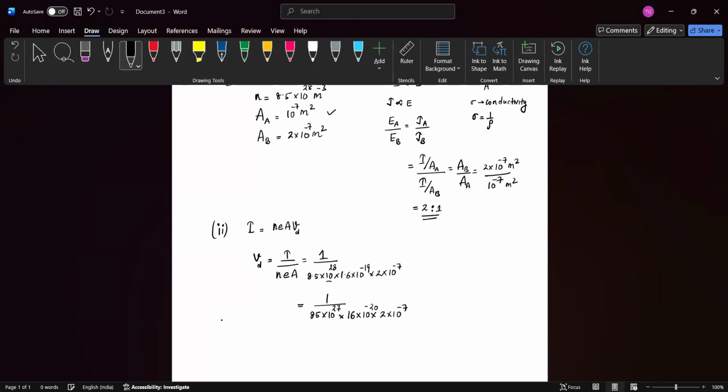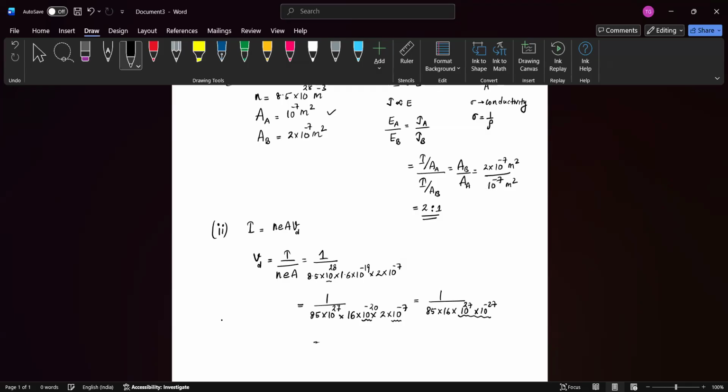If you observe carefully, you can see this is 10 power minus 20 into 10 power minus 7, which is 10 power minus 27. So I can write it as 1 by 85 into 16 into 10 power 27 into 10 power minus 27. So this can be cancelled out.